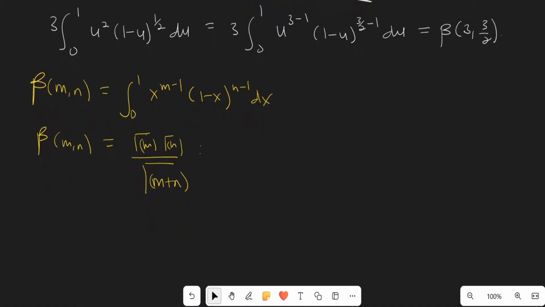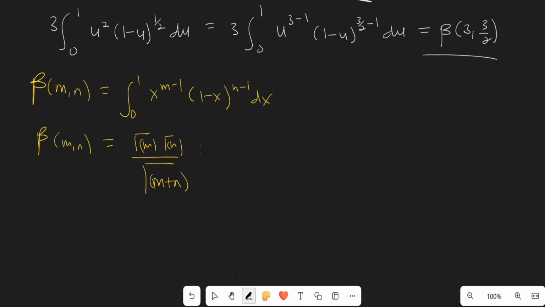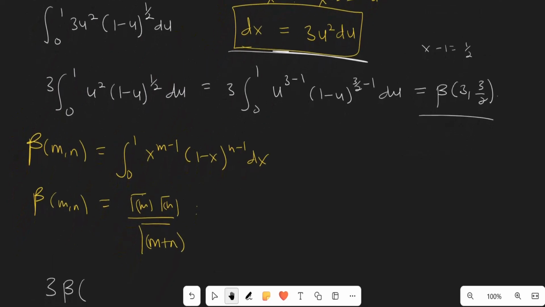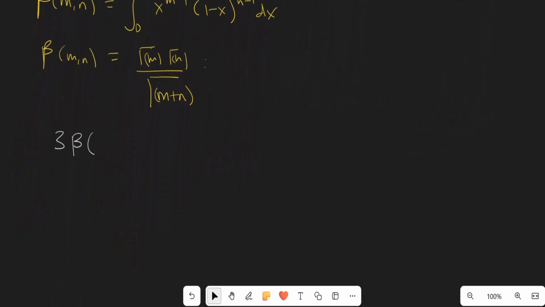So using the gamma representation, this is going to be 3 times gamma of 3 times gamma of 3 over 2 divided by gamma of the sum, which is 3 plus 3 over 2.